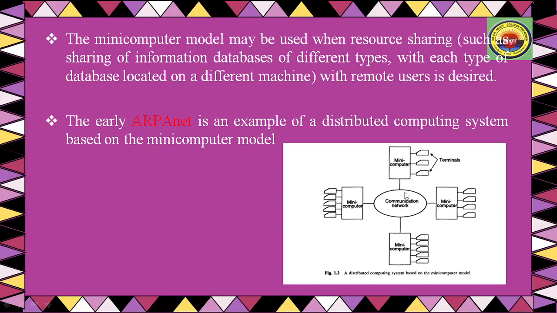For information sharing, such as databases of different types or any database located on another mini computer, this model is very much suitable. The early ARPANET is an example of a distributed computing system based on this mini computer model.